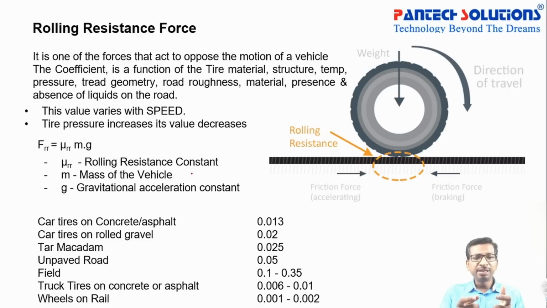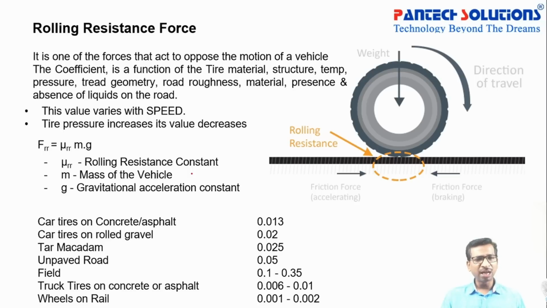Similarly, the tread geometry, that is the tire design, the road roughness, the material of the road, and the presence or absence of liquid on the road. A combination of these factors decides the coefficient's value. It's a constant value, and for prototyping development, you can fix it as a constant.